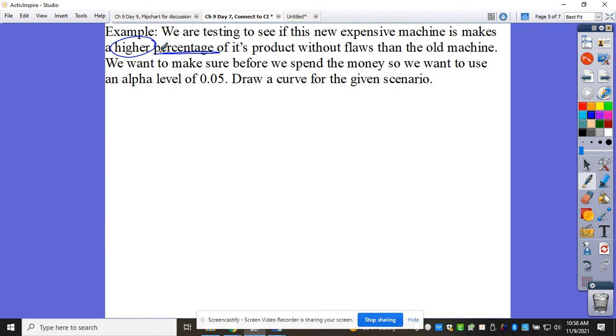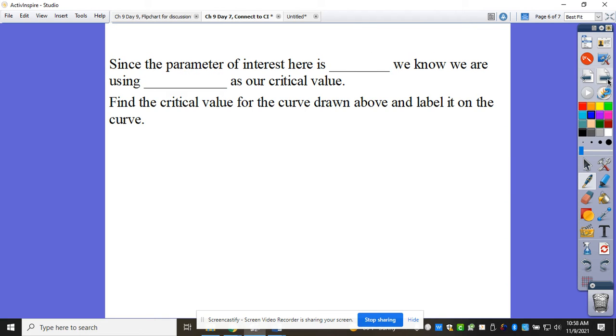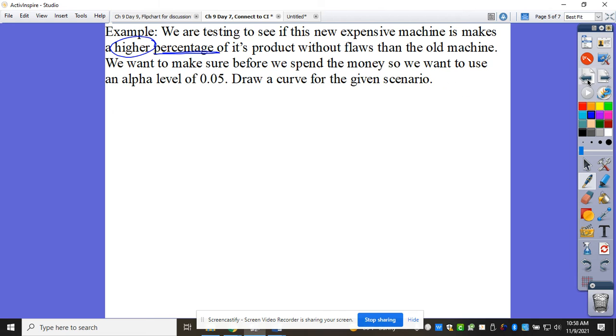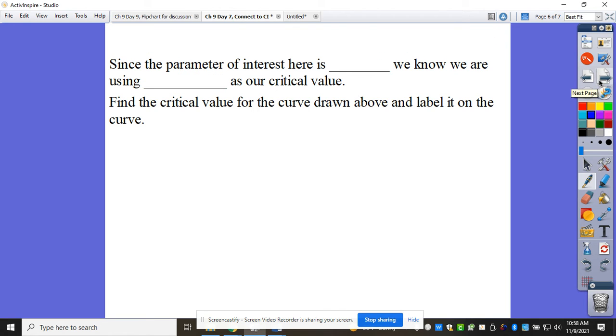Really all I wanted you to get out of that is the fact that we're shading to the right. Since the parameter of interest in this problem, if we're doing percentages, is what parameter? Then we would use a what for our critical value?